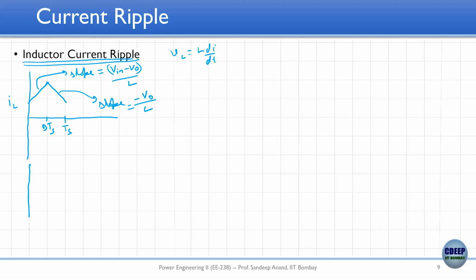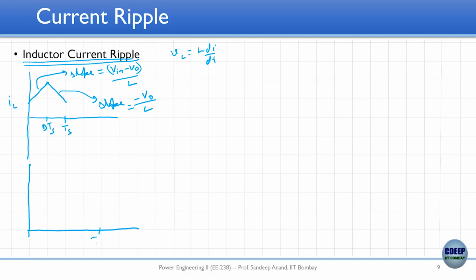So, in this picture, duty cycle is almost equal to half, and if that is the case, then output voltage is half of input voltage, and the magnitude of the positive slope and the magnitude of the negative slope will be equal. So, that is why in this picture it appears to be equal, but in reality need not be the case, right. Let us just draw another one just to make sure.